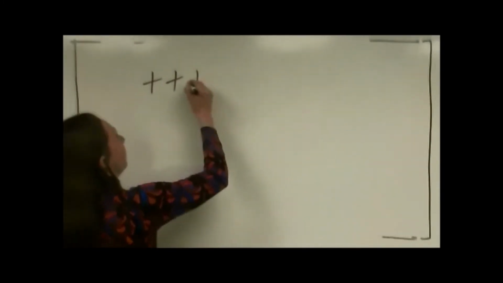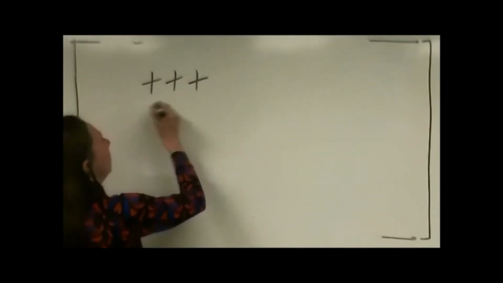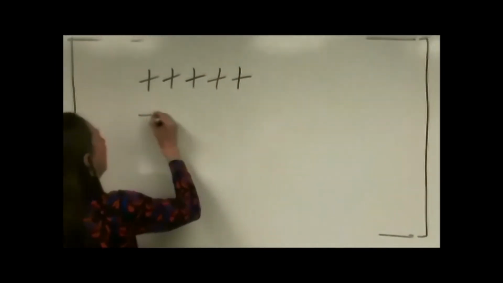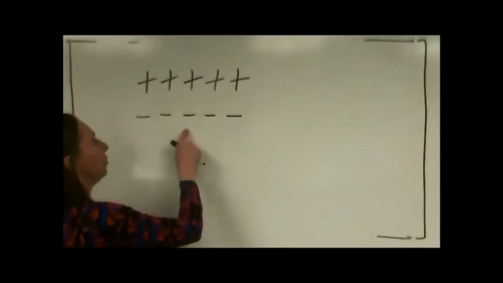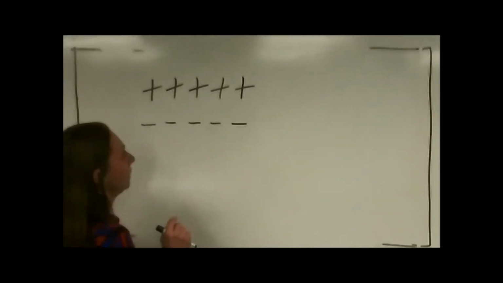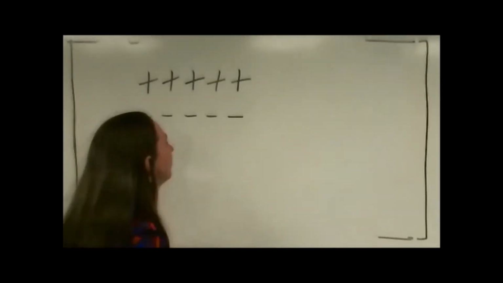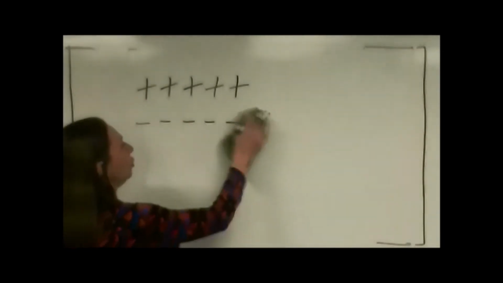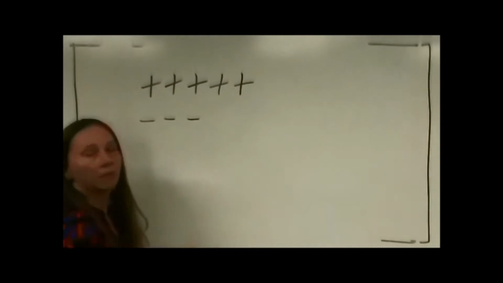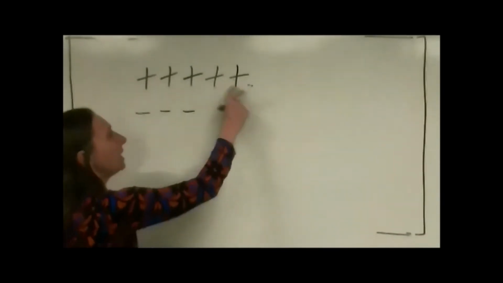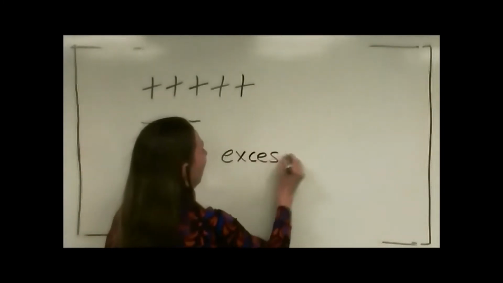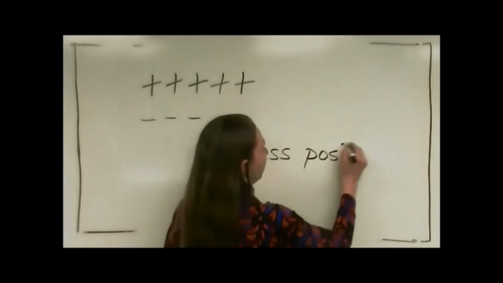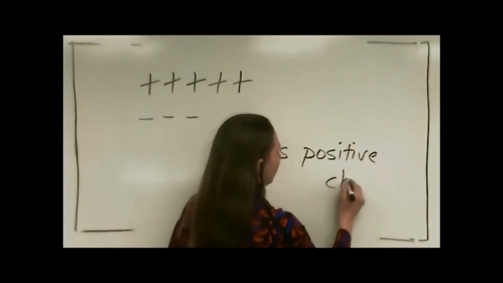So, when an object has the same number of protons and electrons, 5 protons, 5 electrons, then that object is neutral. If that object loses electrons, now the object has excess positive charge.